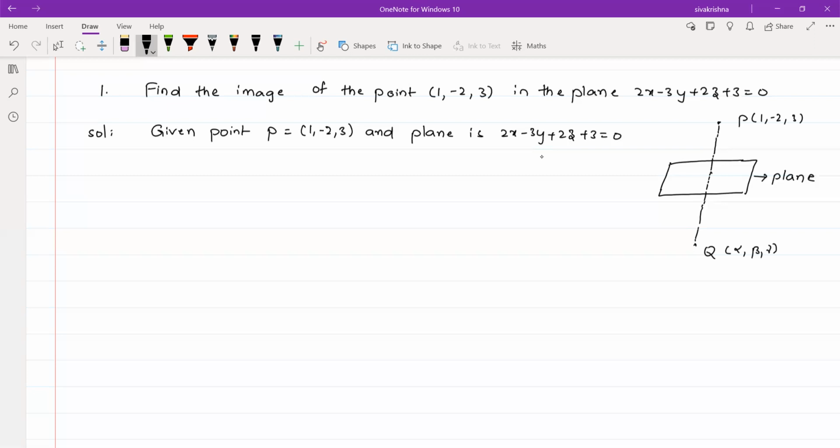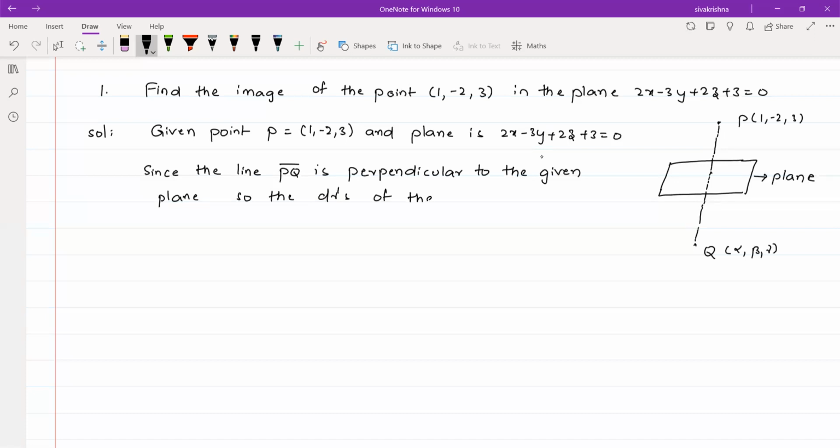So I am writing: since the line PQ is perpendicular to the given plane, the DRs of the line PQ are 2, -3, 2. These are the coefficients of x, y, z in the plane equation.